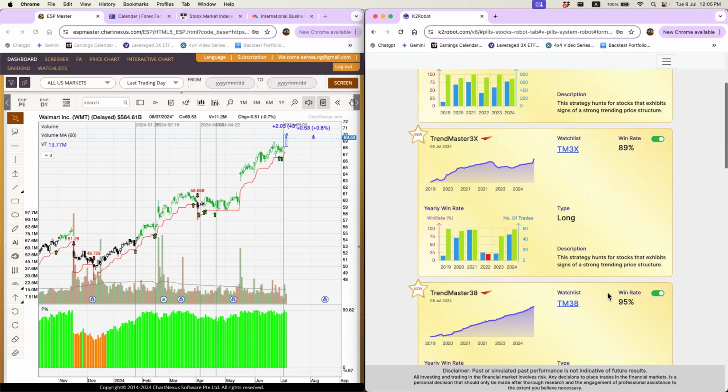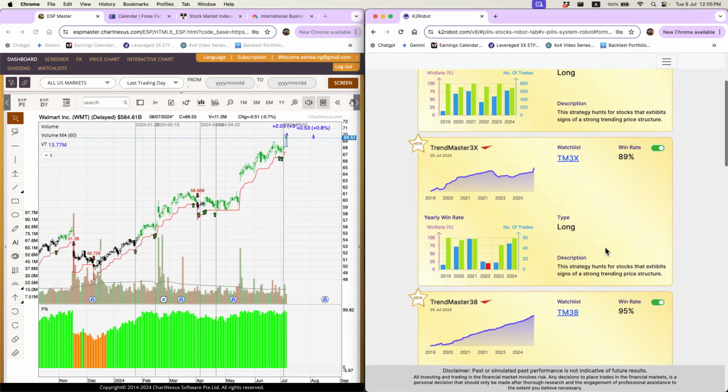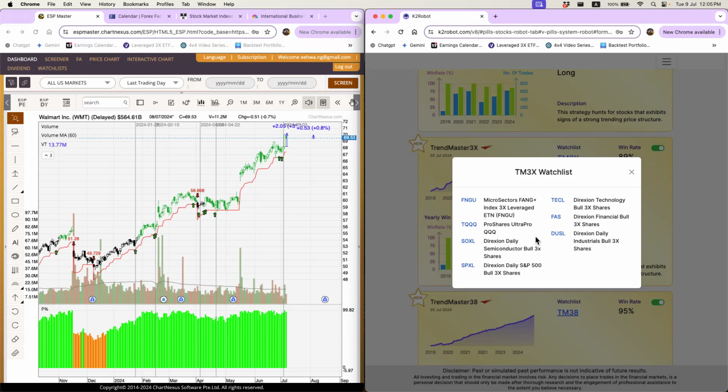Safety. Now, the other strategy that I want to talk about is the TM3X. If you check the watch list, these are called leverage ETFs, 3 times leverage ETFs. We have the FANG ETF, that means the FANG stocks, the famous Microsoft, Facebook, Netflix, all this. Okay, and then you have the Nasdaq index.